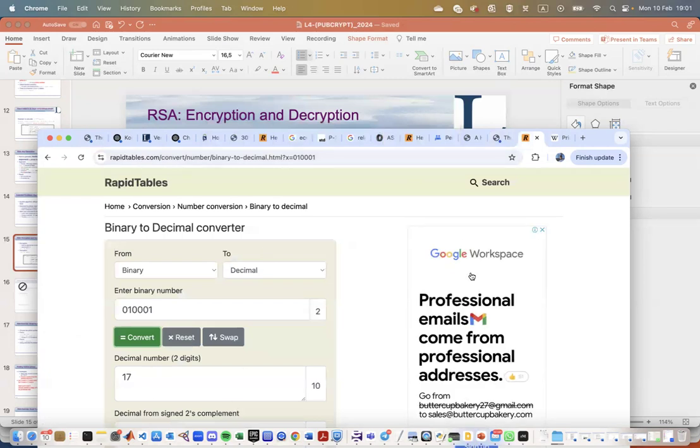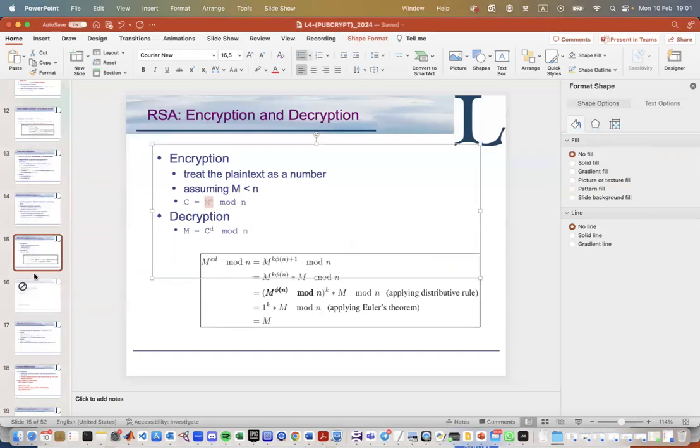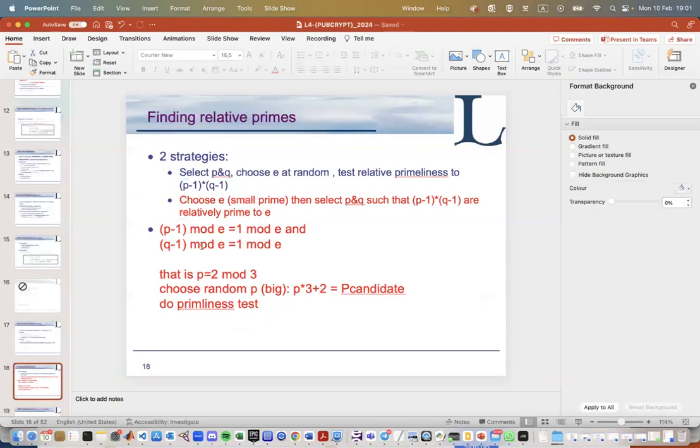And that is kind of interesting. What is practically done for the RSA algorithm is that you start key generation by first selecting your exponent, and you want this exponent to be a small number for a very quick encoding operation.